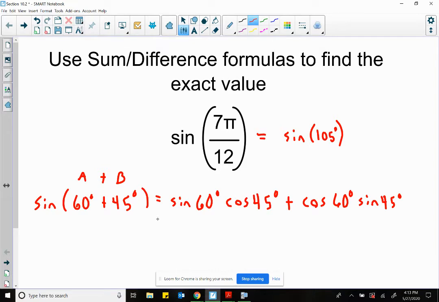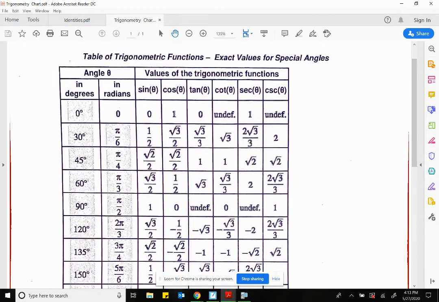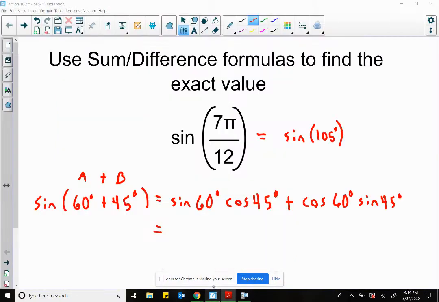Like I said, we know what sine 60 is. If I scroll up to the top a little bit more, sine 60 is the square root of 3 over 2. So this is the square root of 3 over 2, times cosine 45 degrees. I know this one.